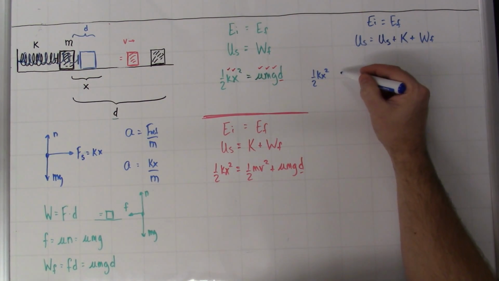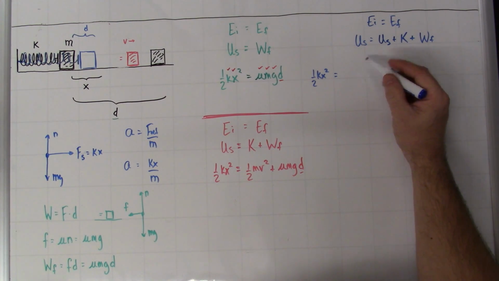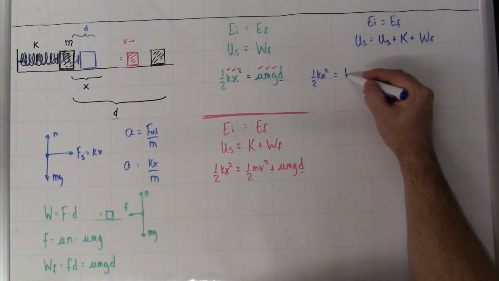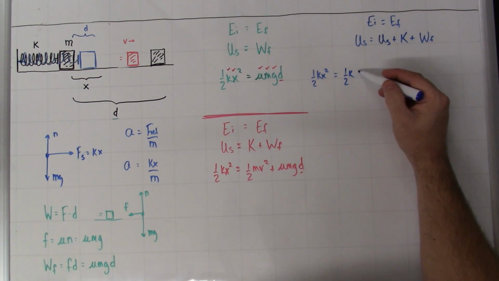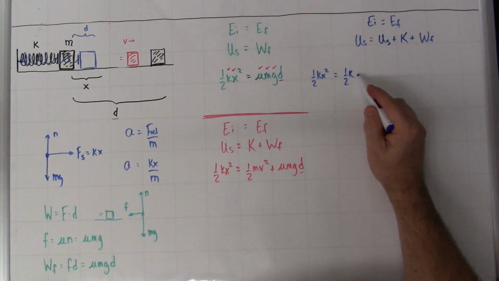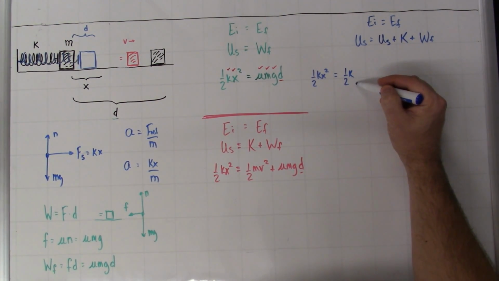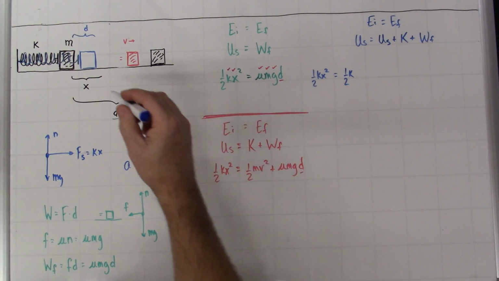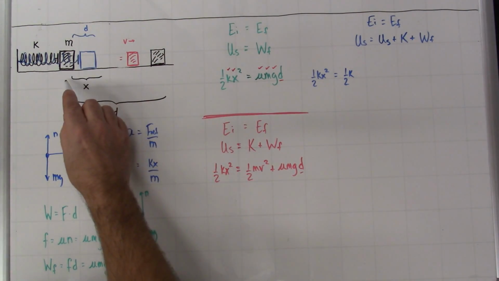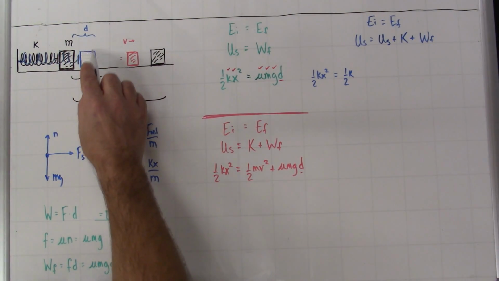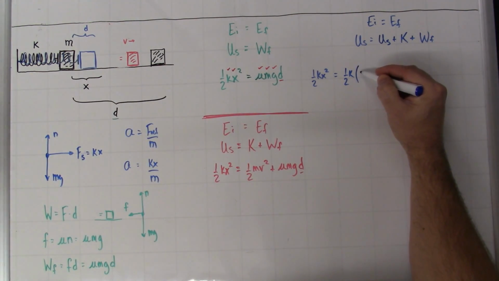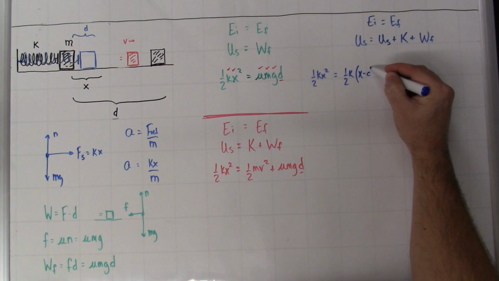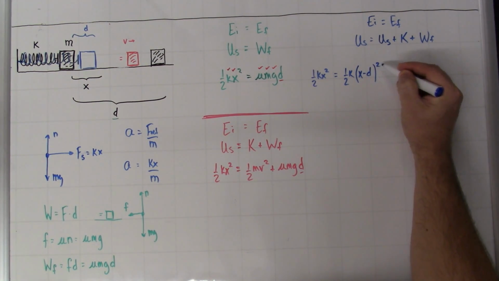So this is 1/2 kx squared, that's the spring energy, and it's equal to 1/2 k. Now, this is the hard part because the equation is 1/2 kx squared, but what is this value here? Well, if the initial compression was all x and it slid a distance d, the amount that the spring is compressed left with is x minus d squared.